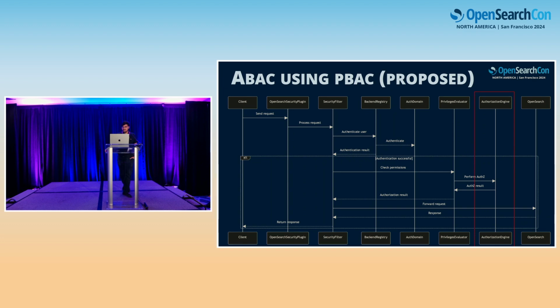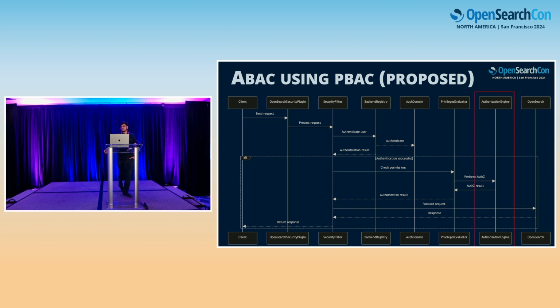Okay. We went through the request flow a bit earlier and we saw that the privilege evaluator is the component that performs authorization. Let's say we add something we call an authorization engine here. Because the security plugin is config aware and has dynamically reloadable config, you can forward the request, and the privilege evaluator can now know that this cluster has an external authorization engine built into it.